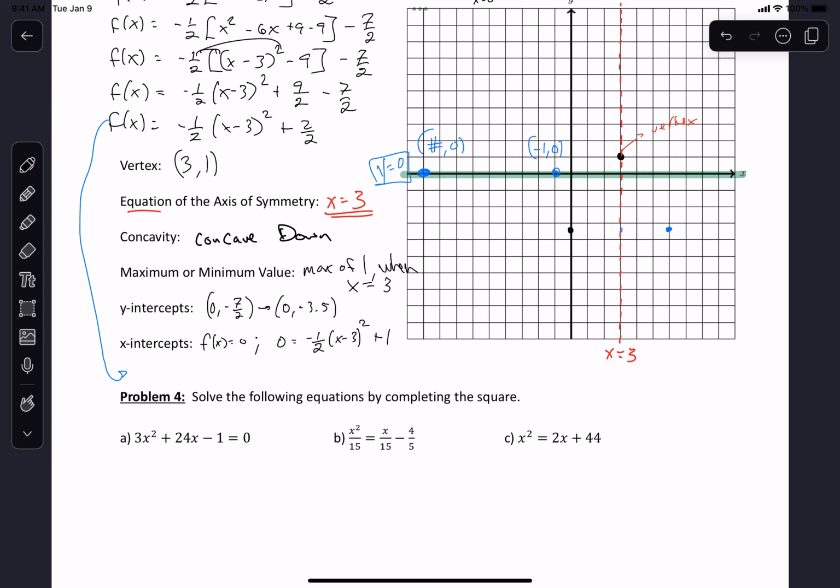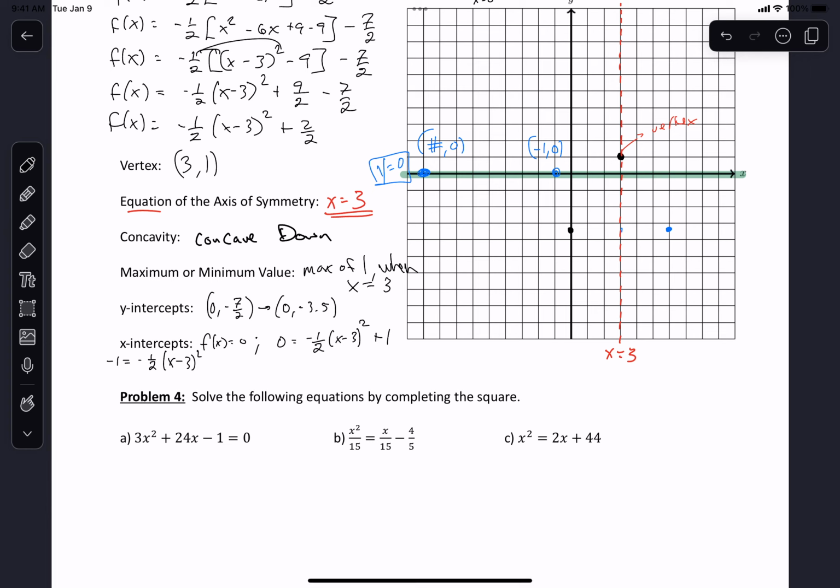I'm going to solve in the opposite order, the exact same way we've solved for stuff in the past in grade 9. We're going to solve for x, okay? We just have one extra little ugly thing in there in the squared, right? So I'm going to subtract 1 from both sides. I'm going to get -1 is equal to -1/2 times x minus 3 squared.